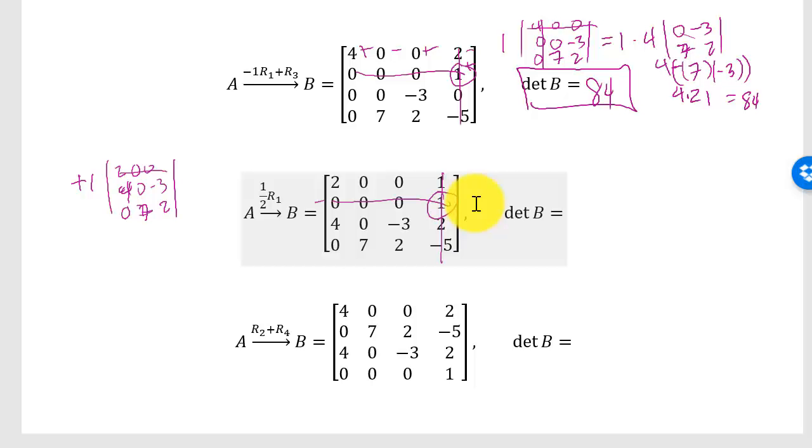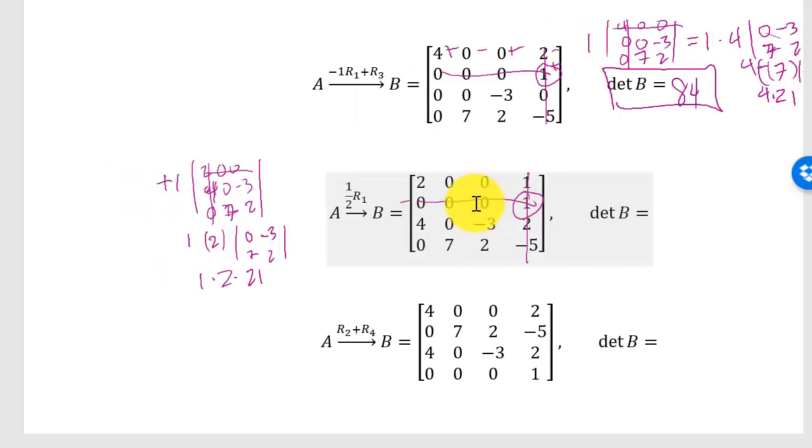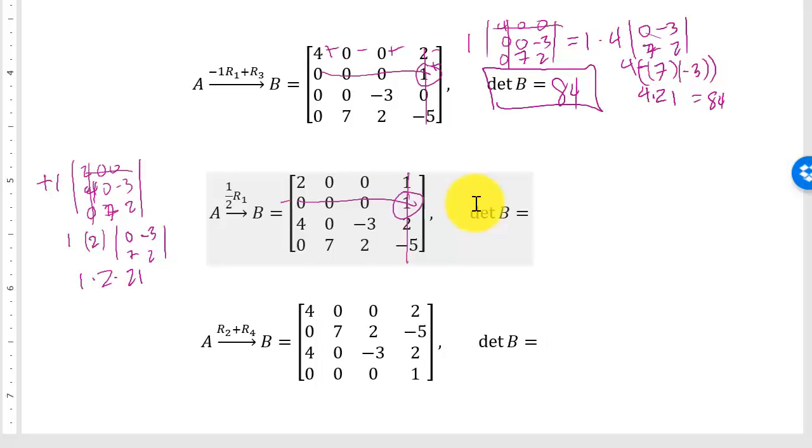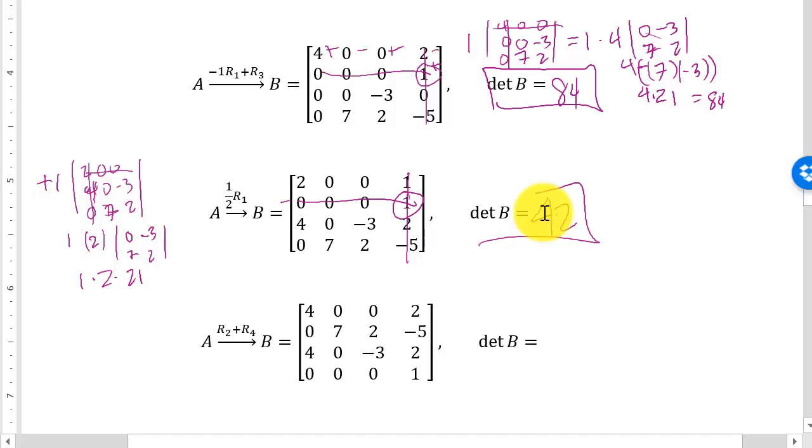Then we'll expand on the first row. The first row is going to be positive 2, then 0, -3, 7, 2. Again, this is going to be a positive 21 times 2, and then times 1. So this becomes 42, which is half of 84, which is what we had before.